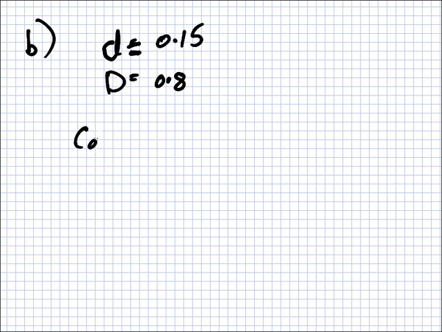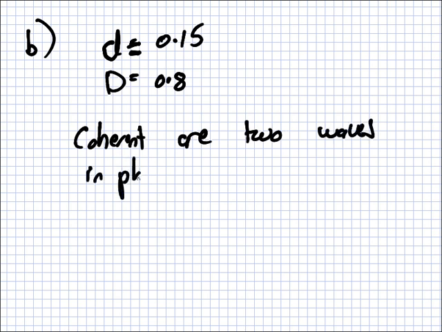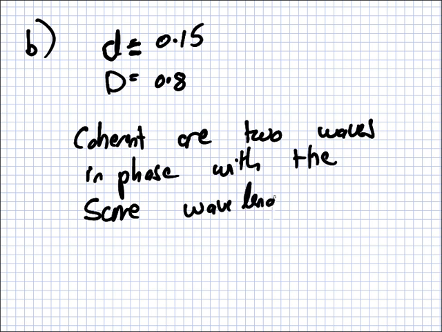So coherent, we said, are 2 waves in phase with the same wavelength. Now, I don't know if you have to say the same wavelength. In the marking scheme, do they say you have to say that?